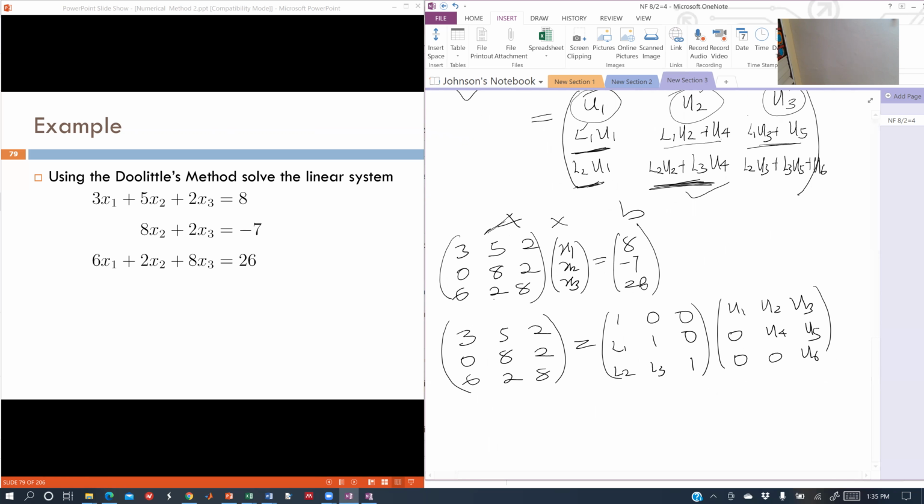And according to the multiplication, when we multiply these guys, we are going to get U1, U2, and U3.